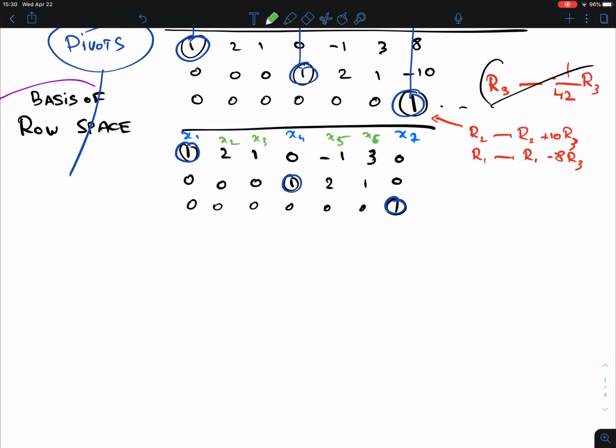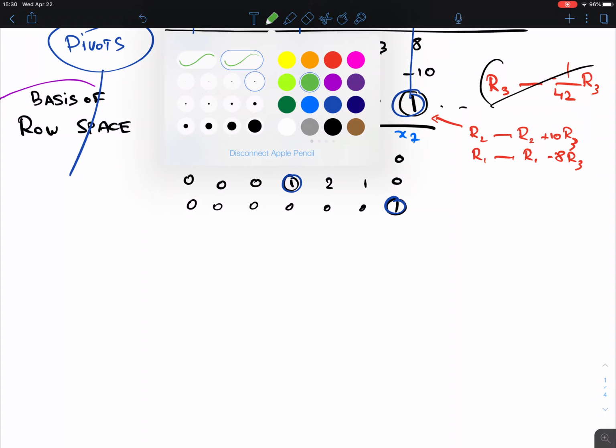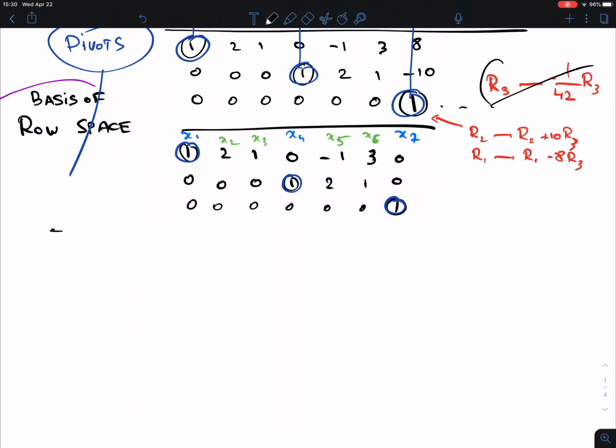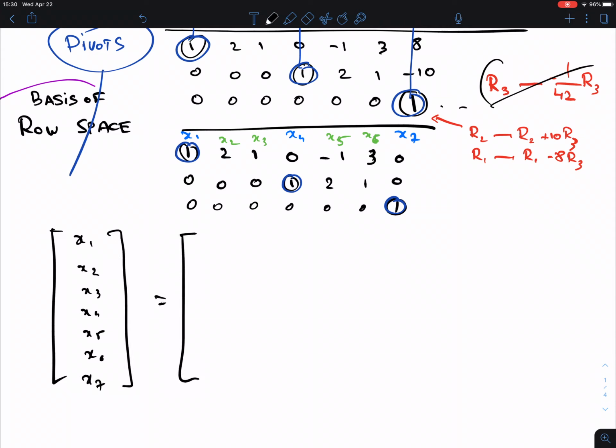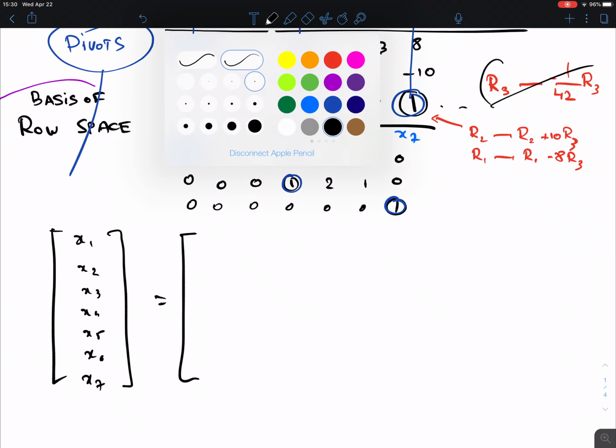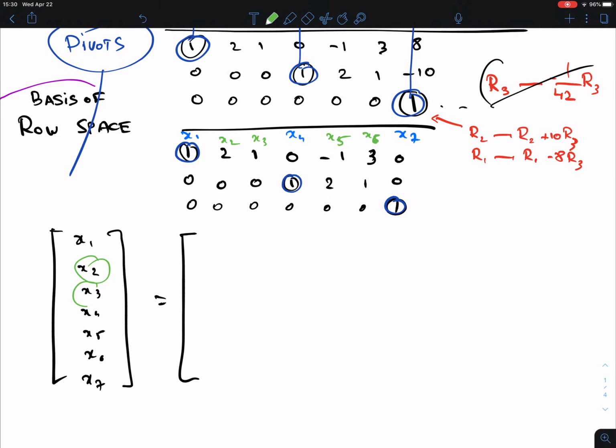Let's see what this means. I'm going to have a big column here: x1, x2, x3, x4, x5, x6, and x7. In this column, the green ones are just themselves. So this is just x2, and this is just x3, and this is just x5, and this is just x6.